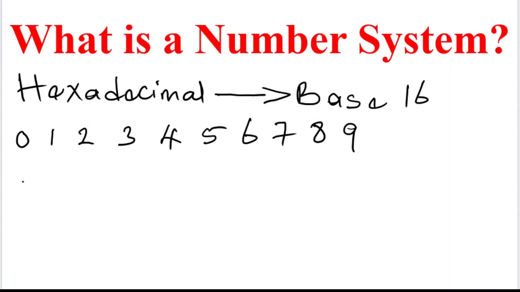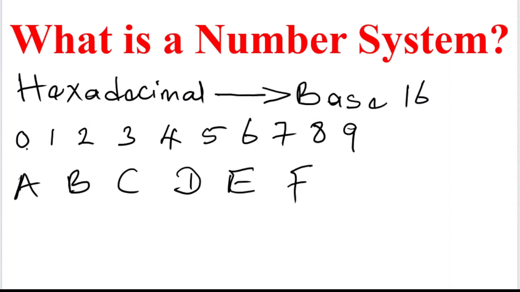And then the alphabet here: A, B, C, D, E, and F. So count it. We have 0 here: 1, 2, 3, 4, 5, 6, 7, 8, 9, 10, 11, 12, 13, 14, 15, 16. So it's a base 16 number system. So this A represents 10, 11, 12, 13, 14, and 15.